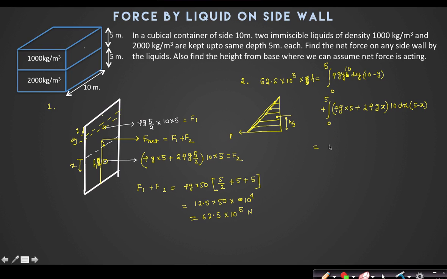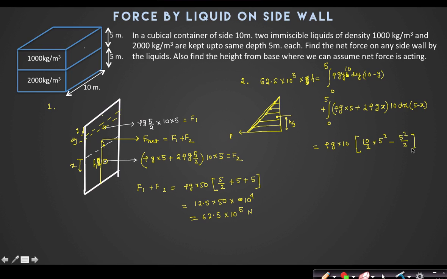So rho g into 10, you can take outside, and it is 10 into y dy. 10 into y dy means 10 into y square by 2, 5 square, minus y dy means y square by 2.